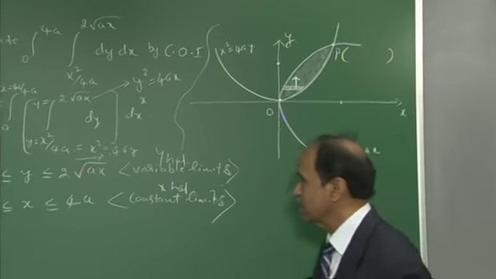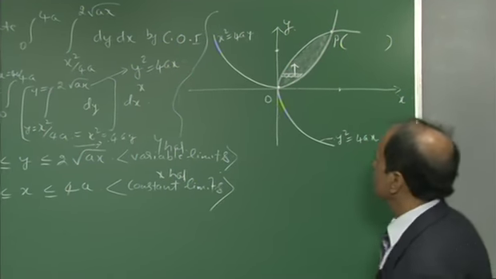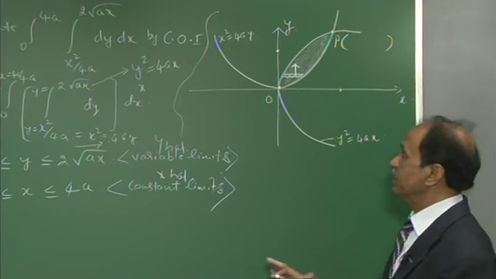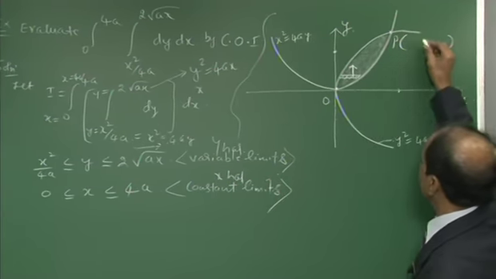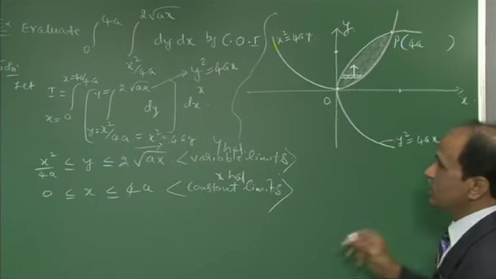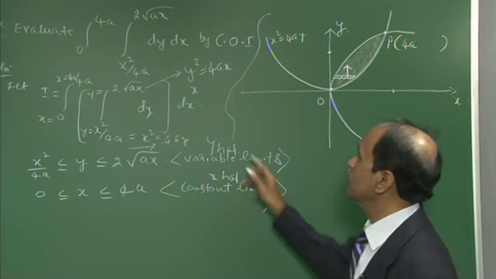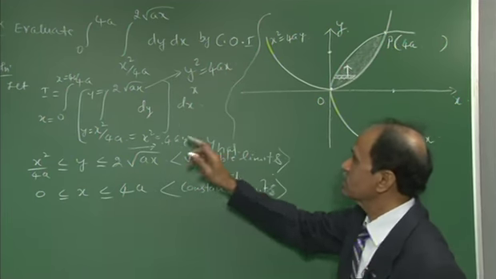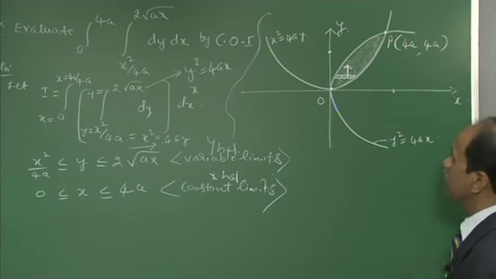But what is the total length of this strip when you are going to consider? It is already given that the x maximum limit is 4a, and obviously this is a familiar problem. If you substitute 4a in either of these two equations, you get the point of intersection 4a comma 4a.